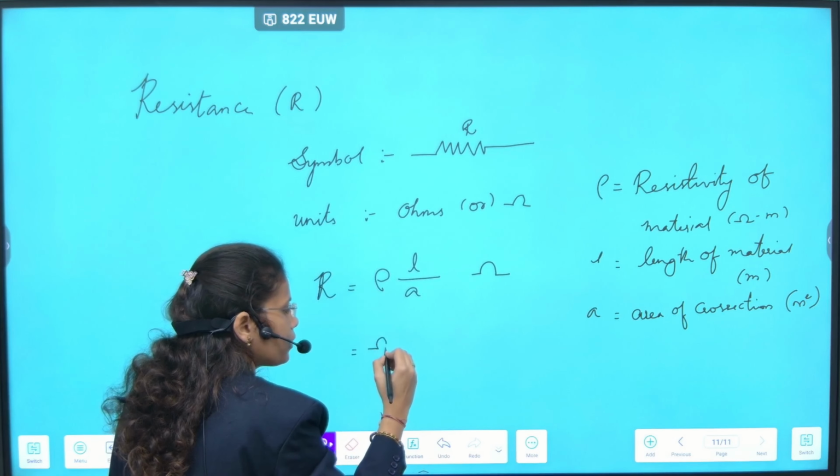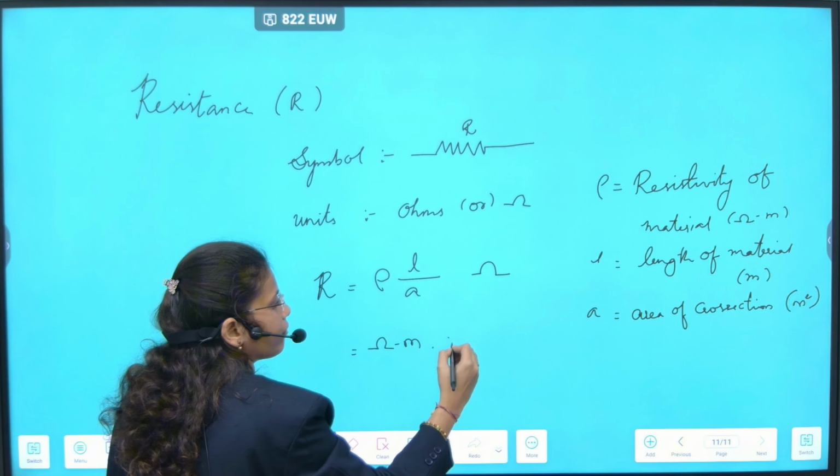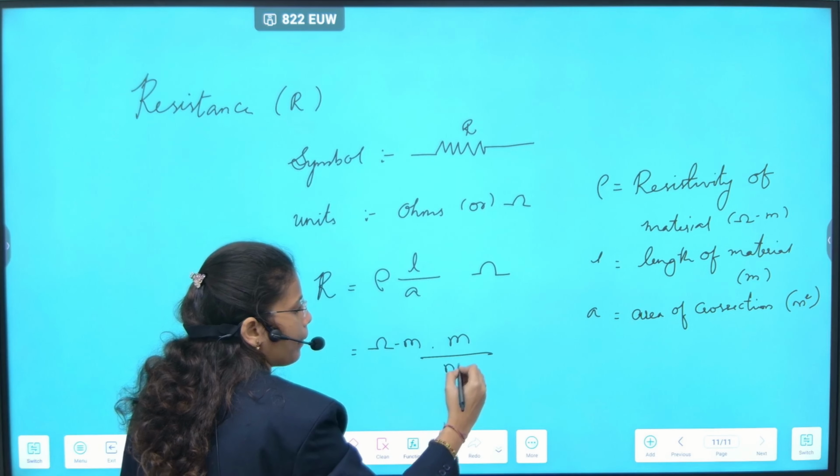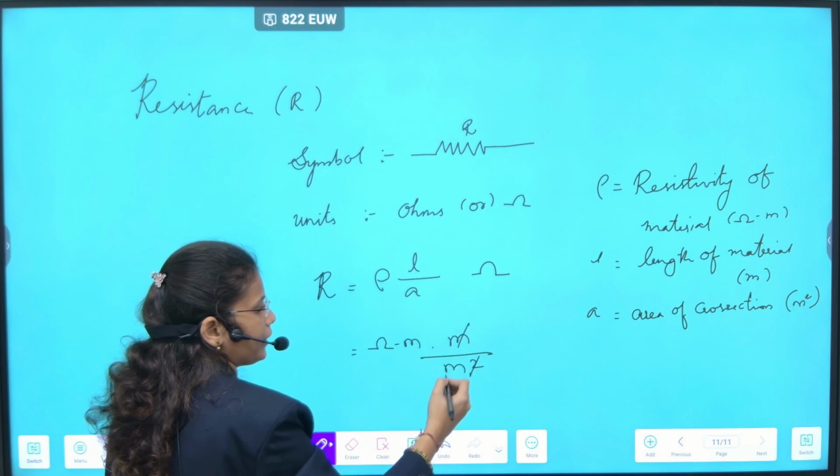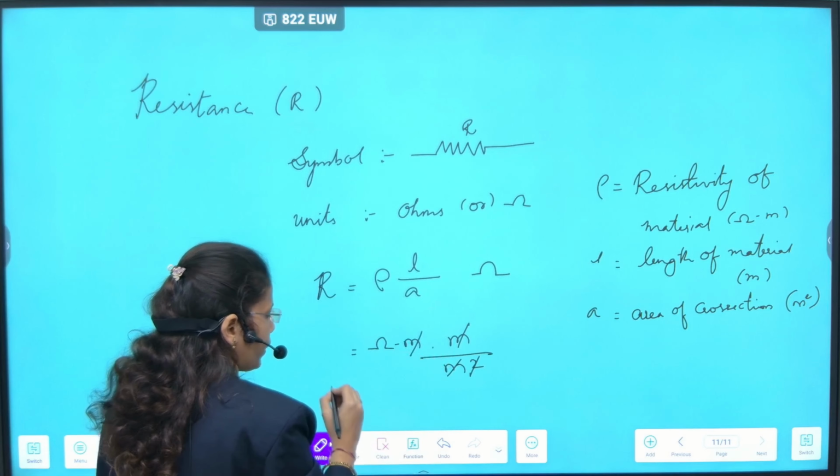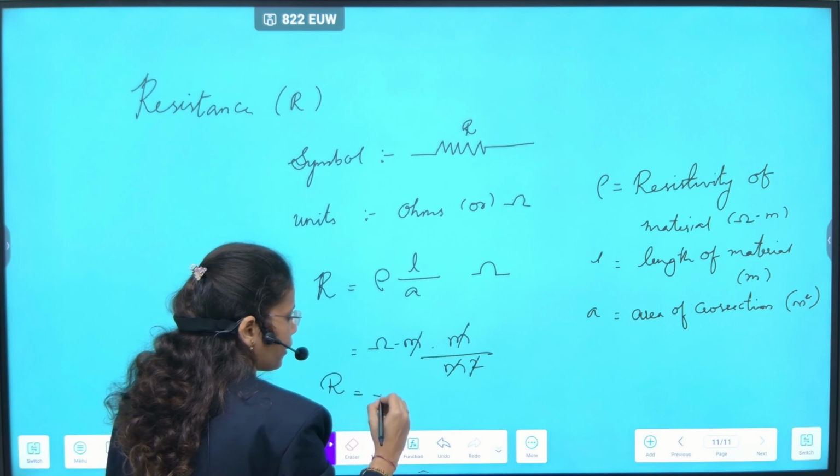Resistivity is ohm meter and length is meter divided by meter square. Meter gets cancelled, then the unit becomes ohms.